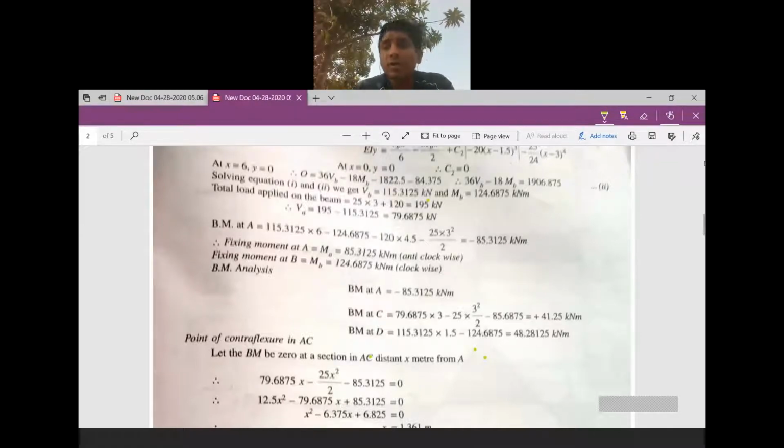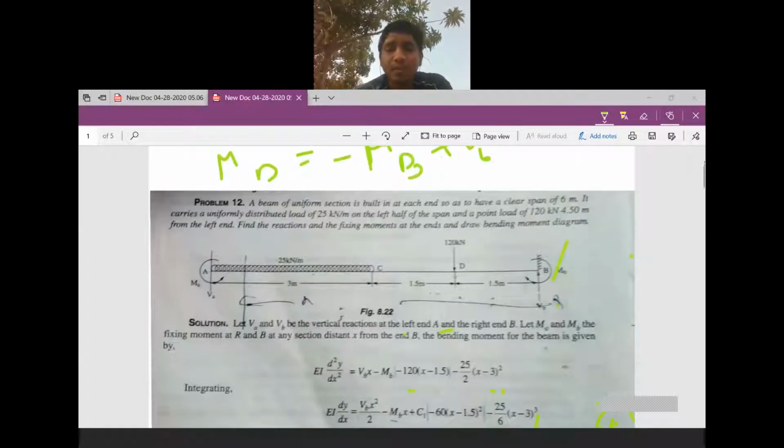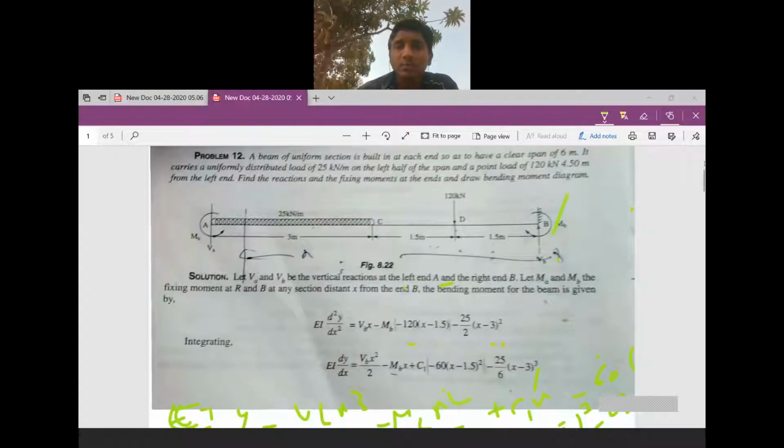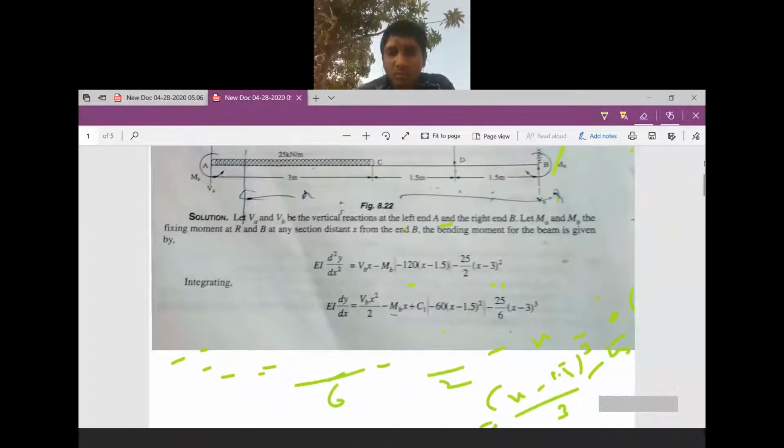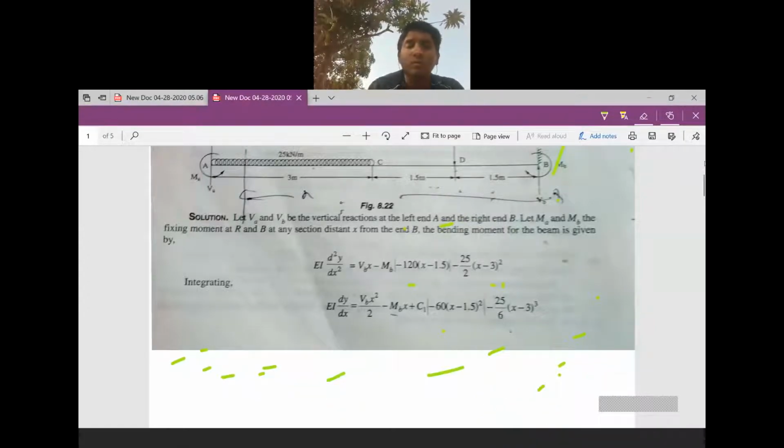Here you can draw the bending moment diagram.